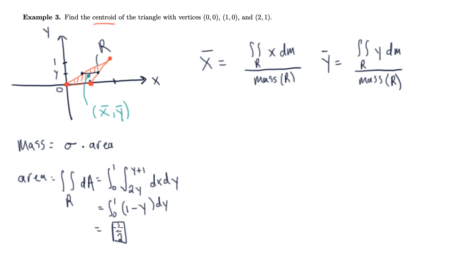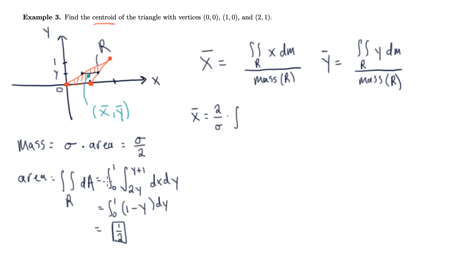Sorry, that's the area. The mass is then sigma over 2, so the mass per unit area divided by 2. All right, which means when I go to find x bar, I need to divide by the mass, or in other words, I need to multiply by 2 over sigma.